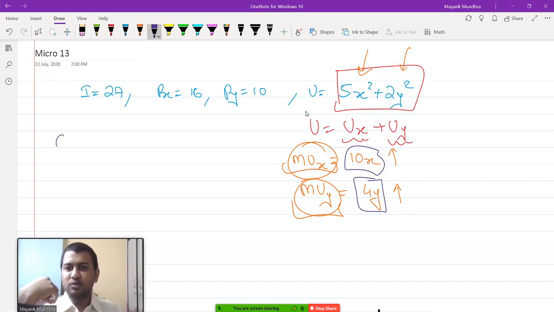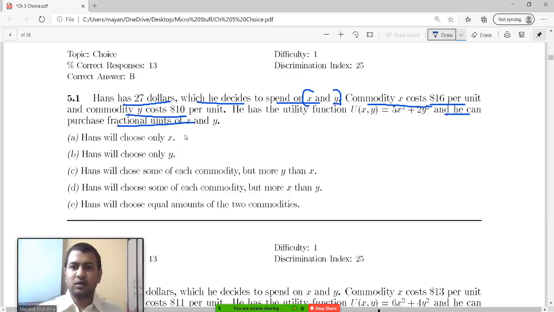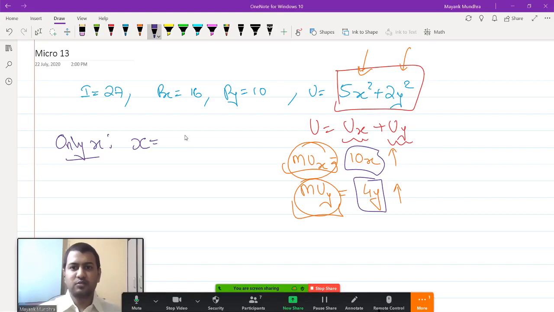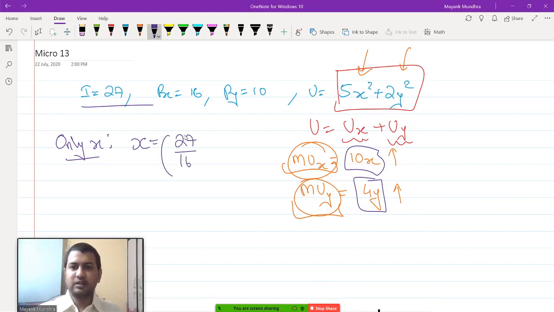If he consumes only good x, then the amount of good x will be 27 by 16. So utility from just good x will be 5 times (27 by 16) square.